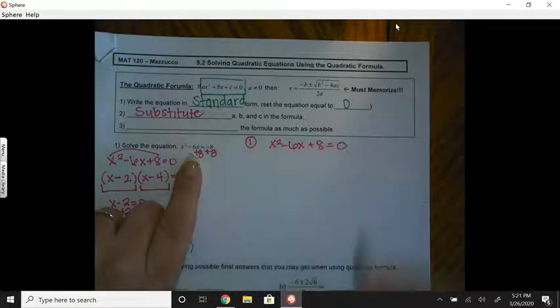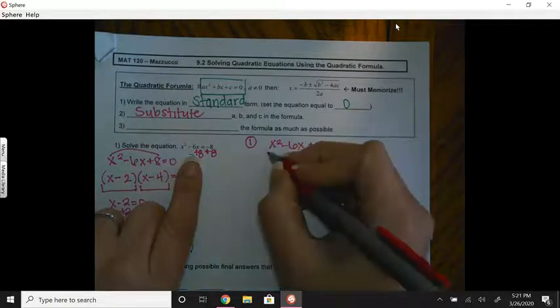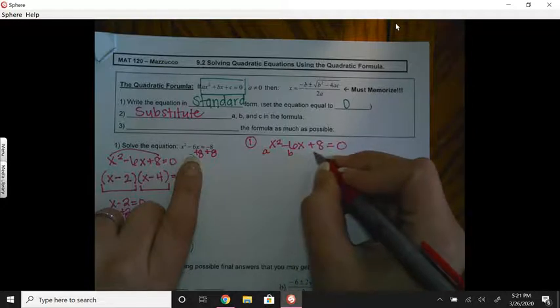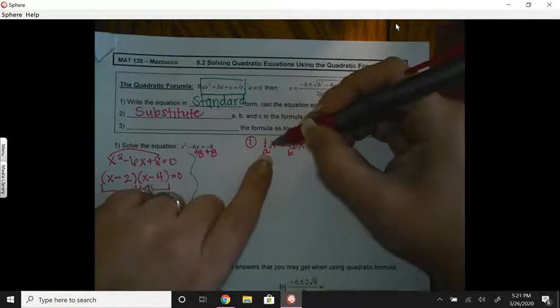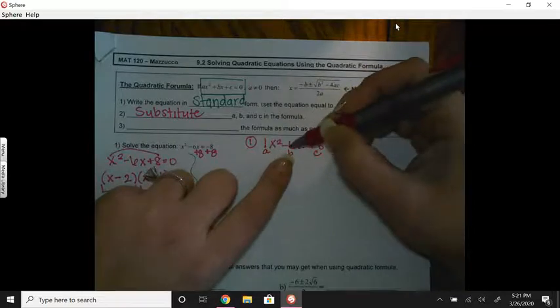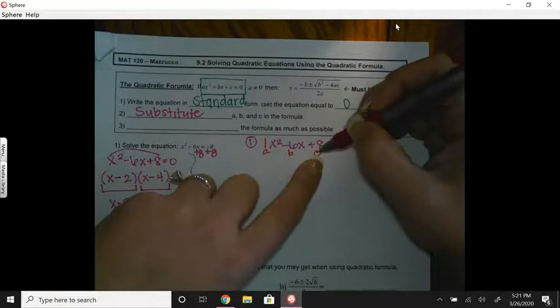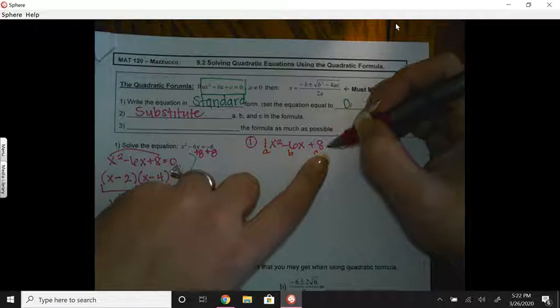So that was step 1, make it equal 0. Then step 2, you're going to take your A value, your B value, and your C value. A is always the number in front of the x squared, B is always the number in front of x, and C is always the constant, the one without a variable next to it.